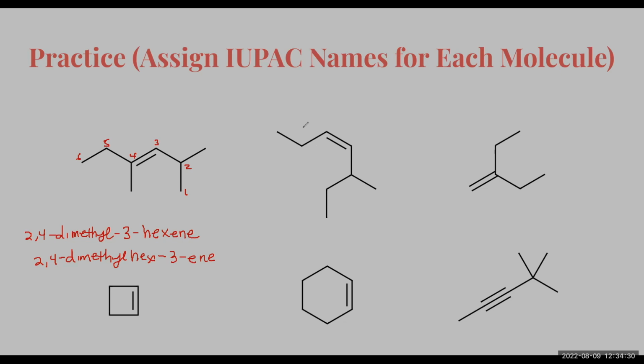So let's go over this next example. I'm once again going to number the carbons: 1, 2, 3, 4, 5, 6, 7. So we have a 7-carbon chain. 7 is hept, so I can write heptene.